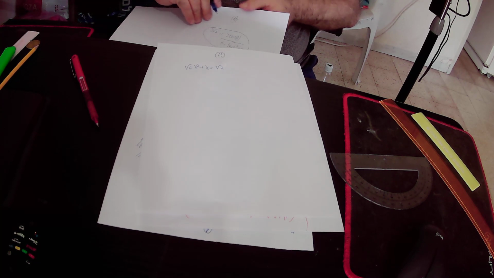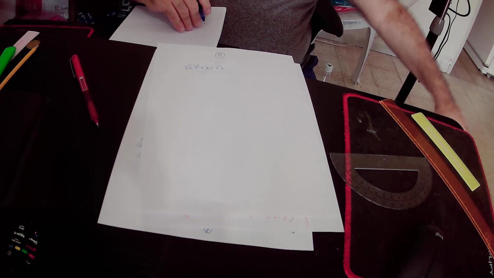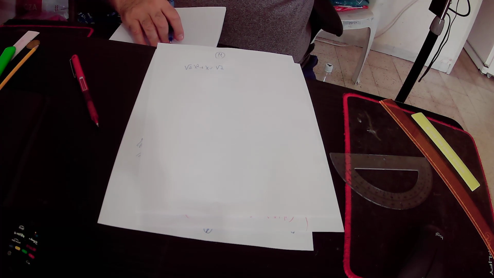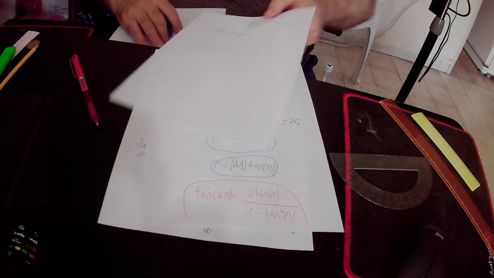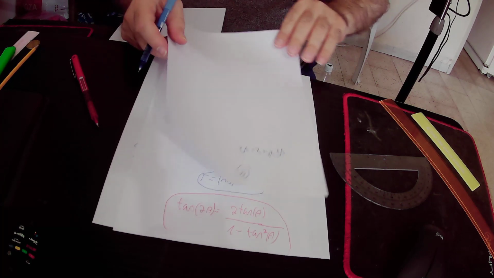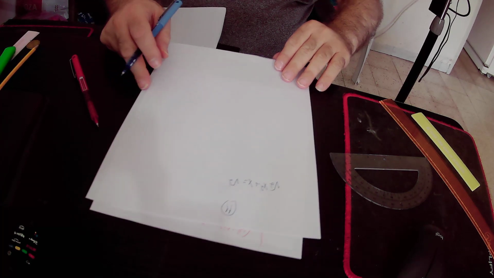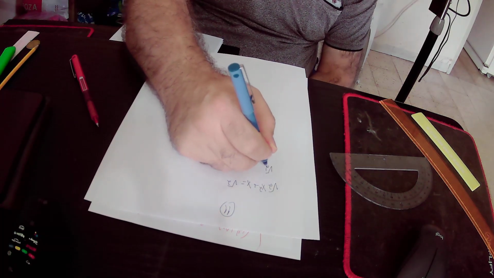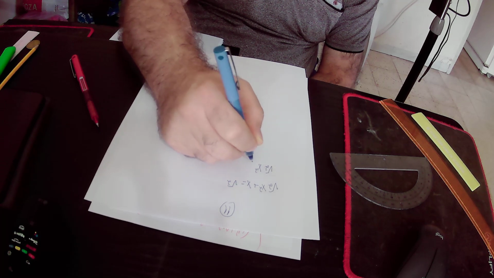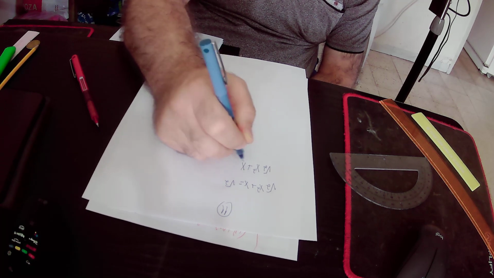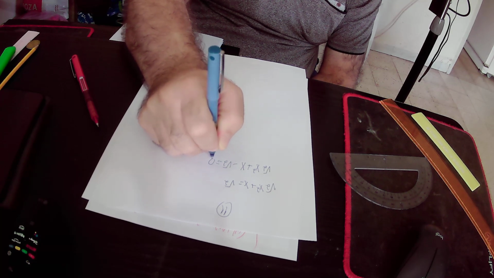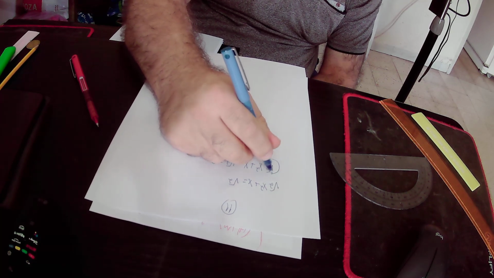Then we will subtract root 2 from this equality and we will get a quadratic equation. So we got a quadratic equation.